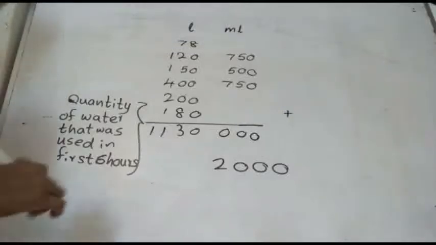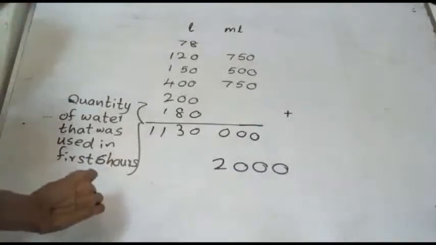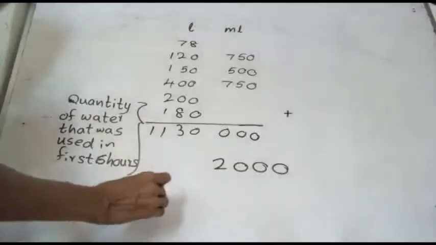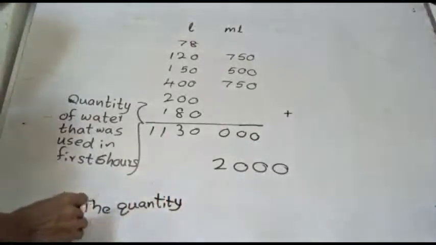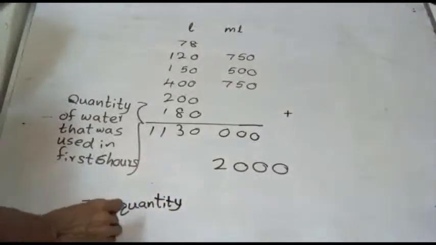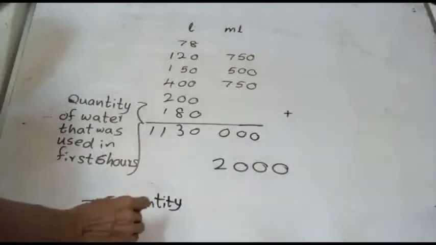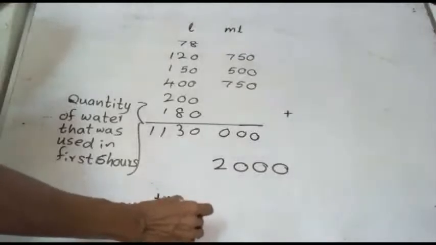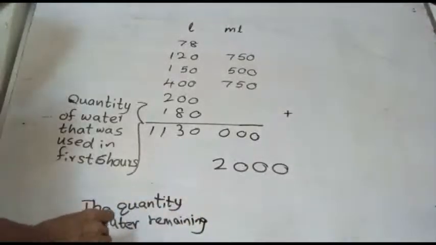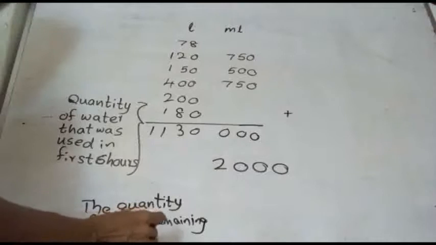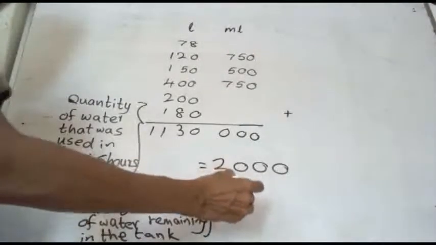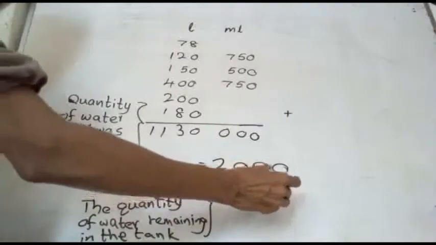The quantity of water remaining in the tank is equal to 1130 liters.